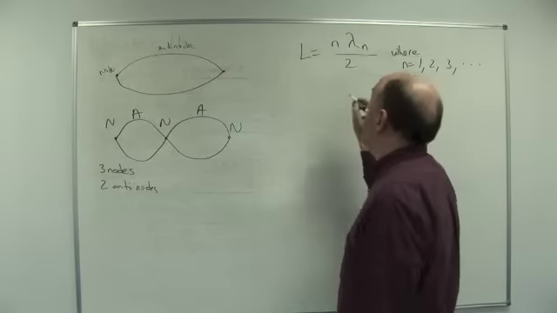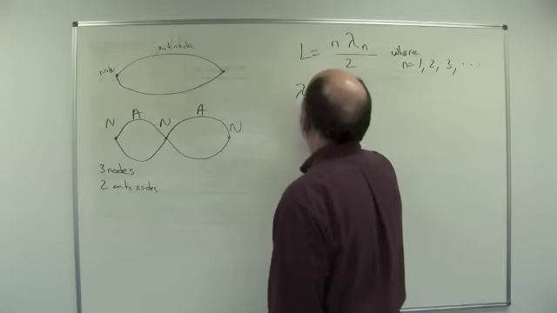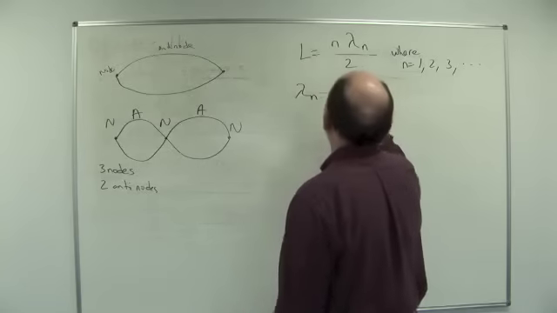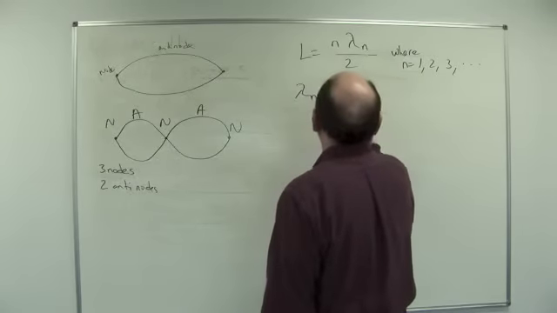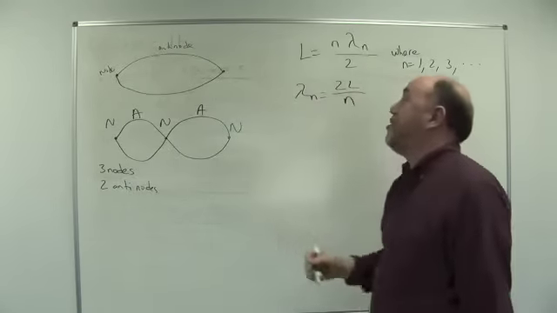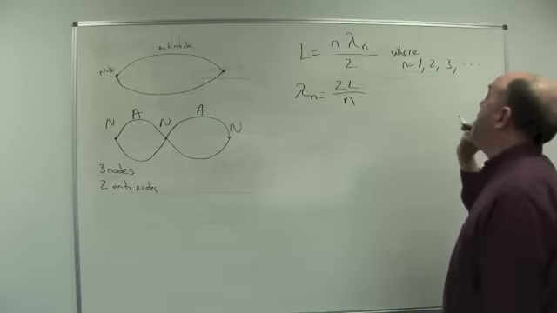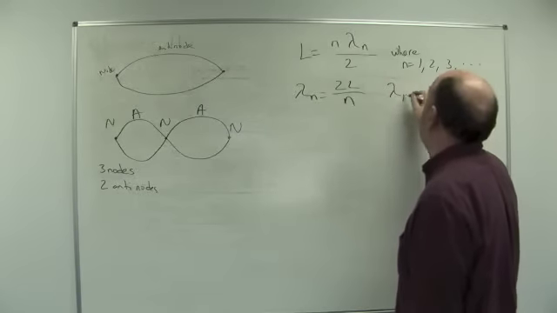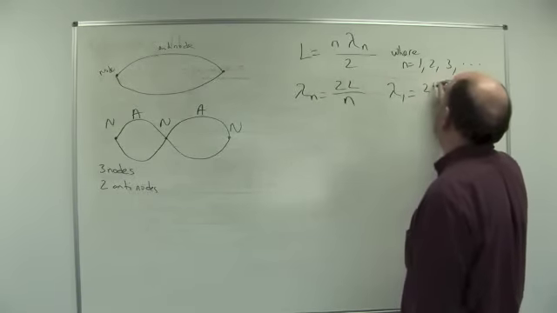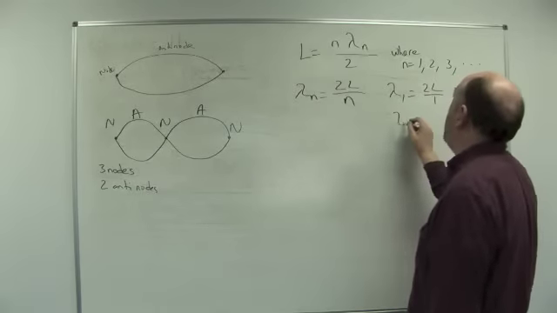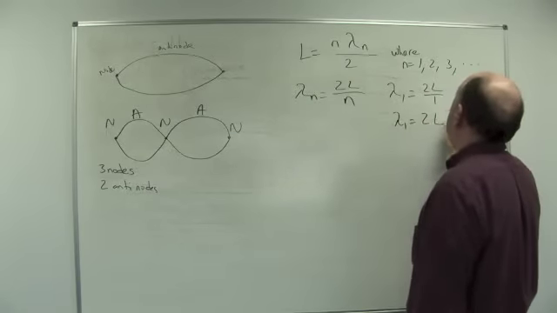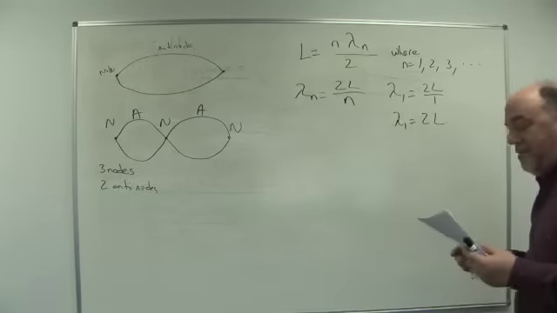And so the wavelength is going to be given by 2L over N. So for my fundamental frequency, lambda 1 is then going to be given by 2 times L over 1, which means that this will just be twice the length of my wire.